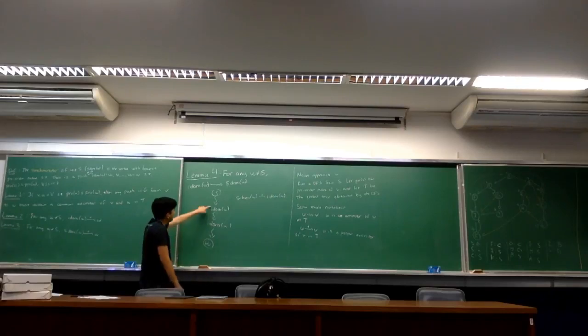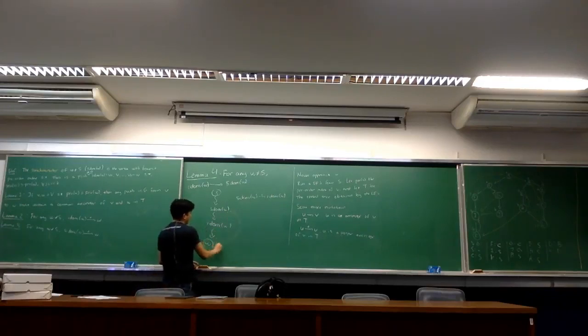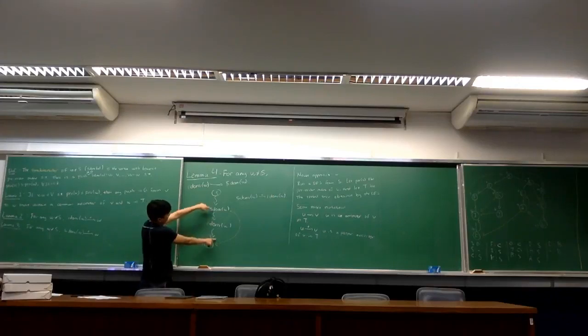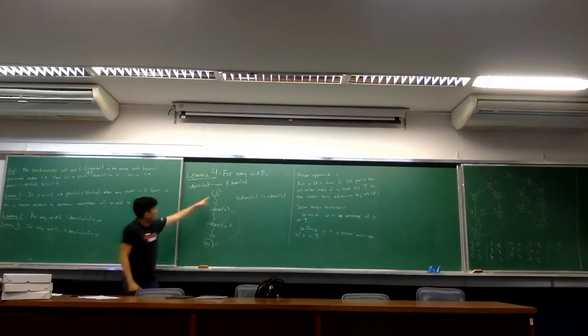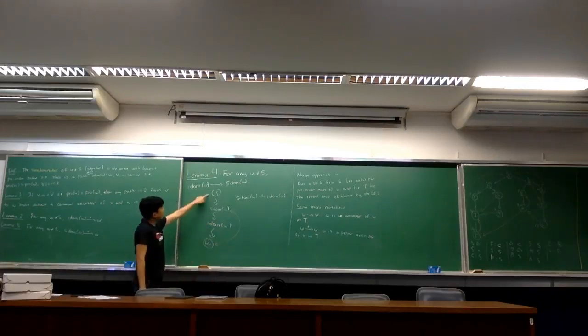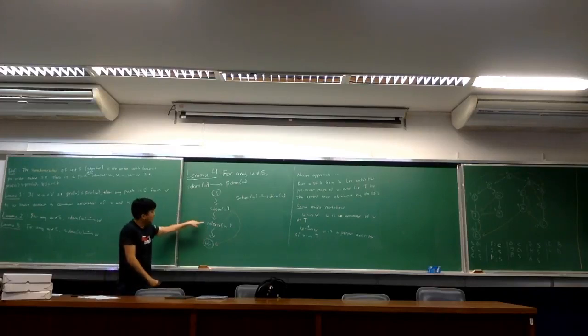Because this guy is the semi-dominator of W. By the definition of semi-dominator, there's a path from this guy to this guy that only goes through vertices that have preorder greater than the preorder of W. But all these guys in between sdom(W) and W have preorder less than that, because they are on the path from the source to W in the DFS tree. So what we got here is a path from sdom(W) to W which avoids idom(W). This is a contradiction, because idom(W) dominates W.